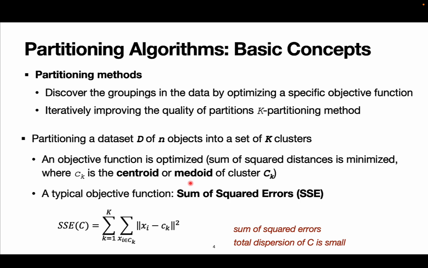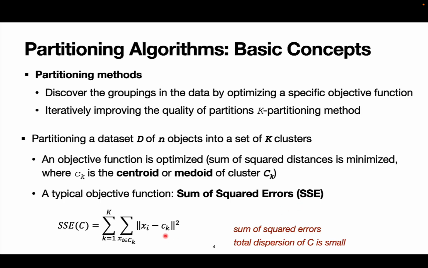For example, we may want to minimize the total distance between each data point and its cluster center. A typical objective function in k-means is the sum of squared errors, or SSE.